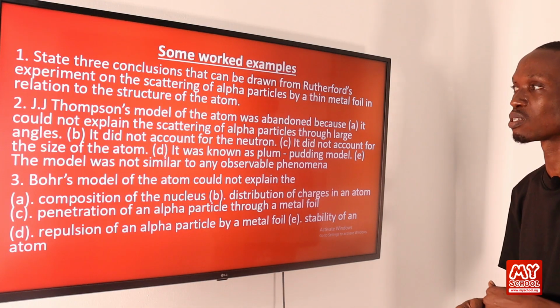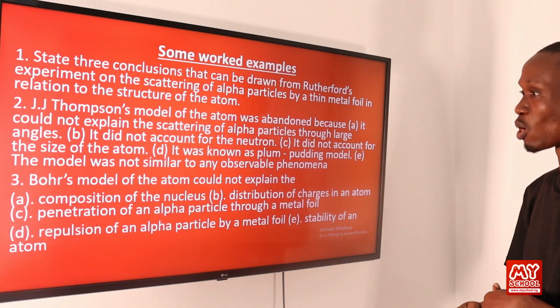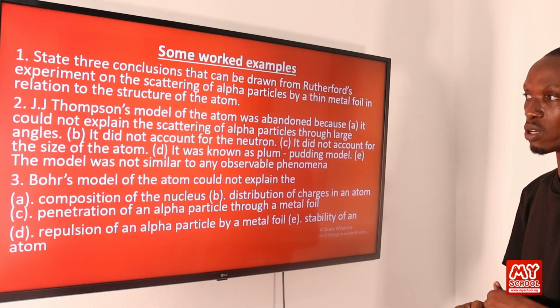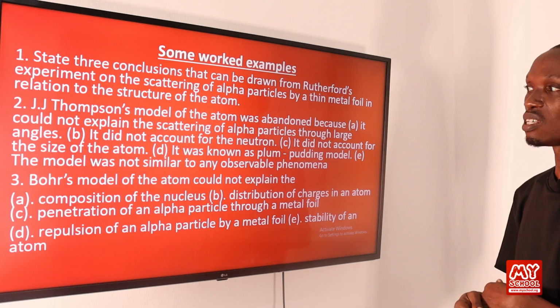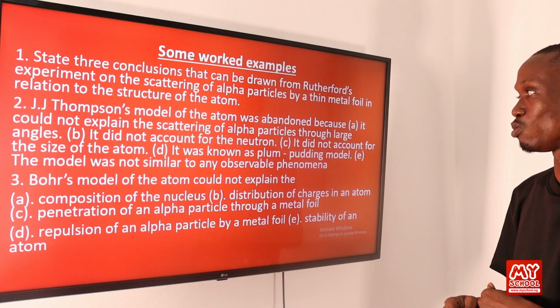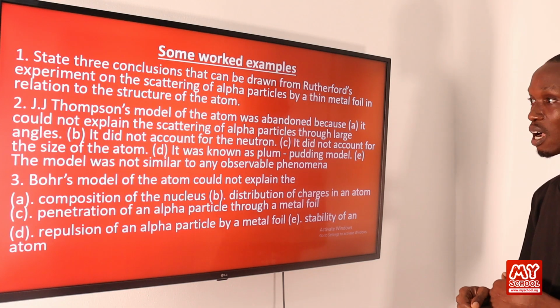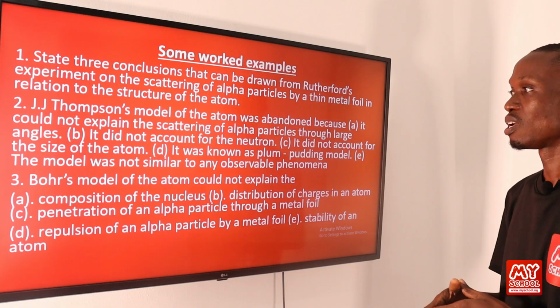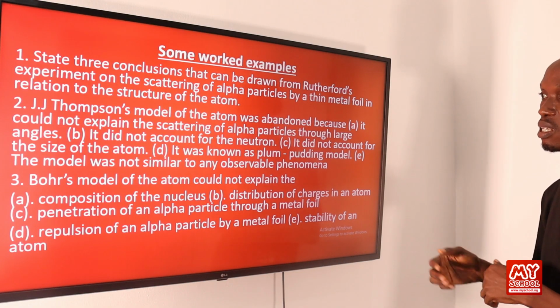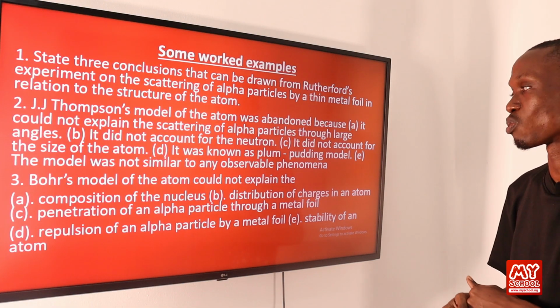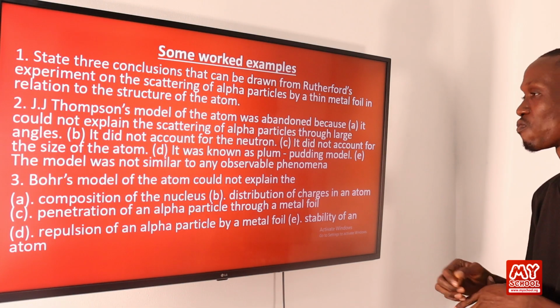So J.J. Thomson's model of the atom was abandoned because A, it could not explain the scattering of alpha particles through large angles. B, it did not account for the neutron. C, it did not account for the size of the atom. D, it was known as the plum pudding model. And E, the model was not similar to any observable phenomena.